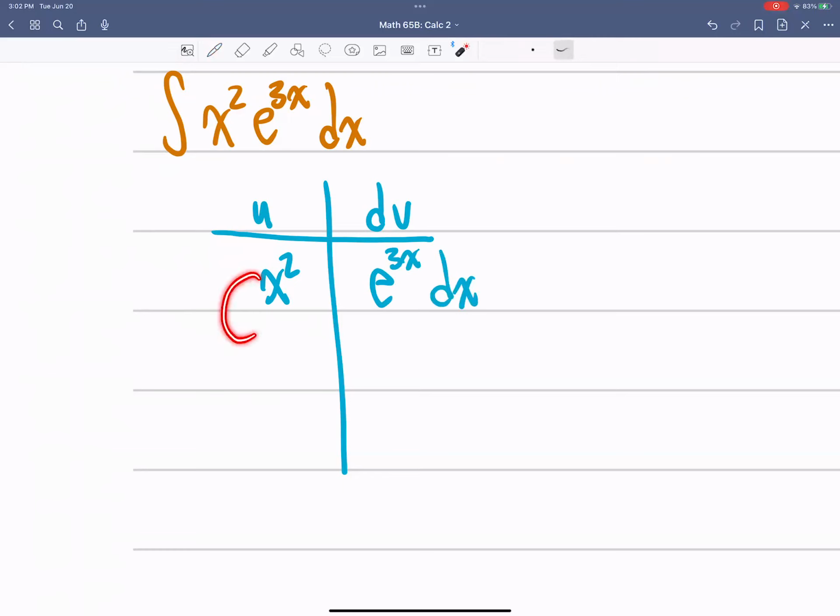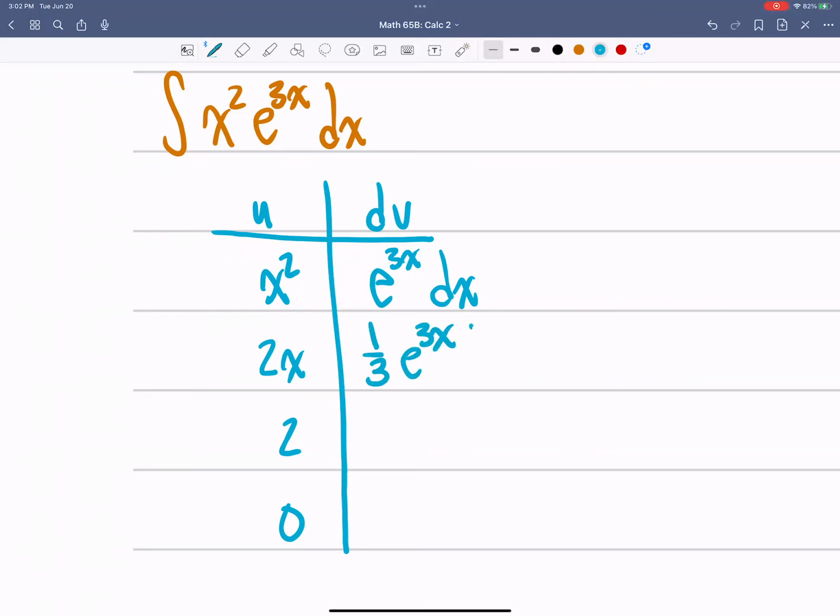Here we differentiate until we get to 0. Taking the derivative gives 2x, then 2, and then 0. Over here, we integrate. Integrating gives 1 over 3 e to the 3x, and integrating that too gives 1 over 9 e to the 3x. And lastly, 1 over 27 e to the 3x.